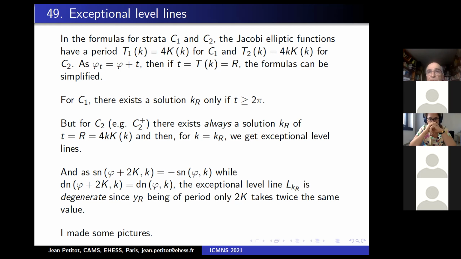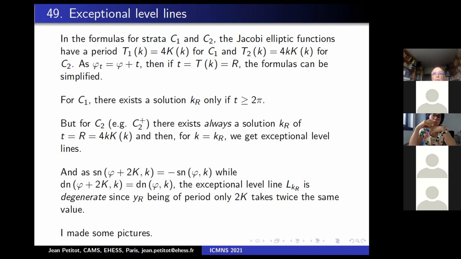But for C2, and it is the origin of the complexity, there always exists a solution kr of the equation r equal to the period 4k cap K. And for this value, we get exceptional level lines.